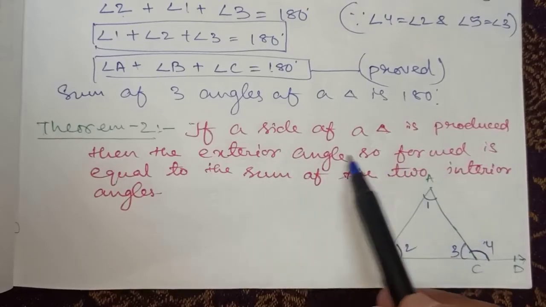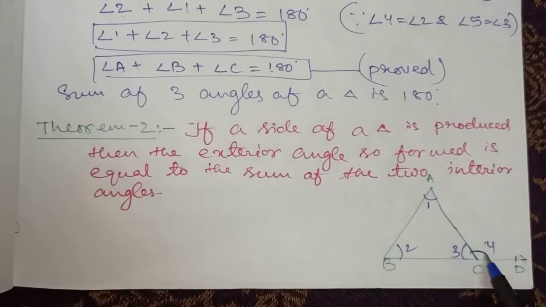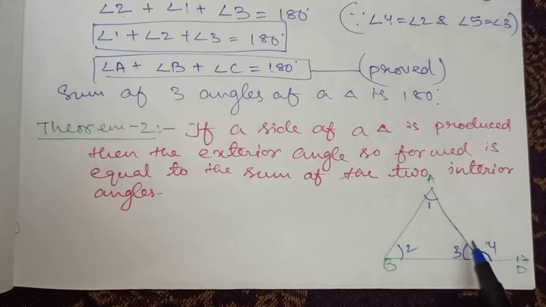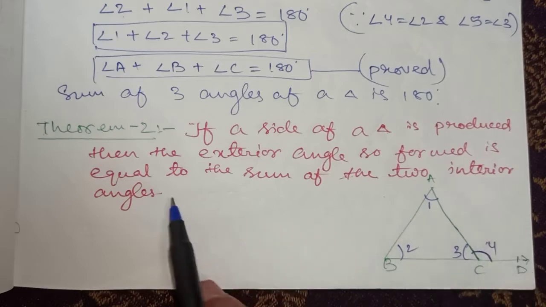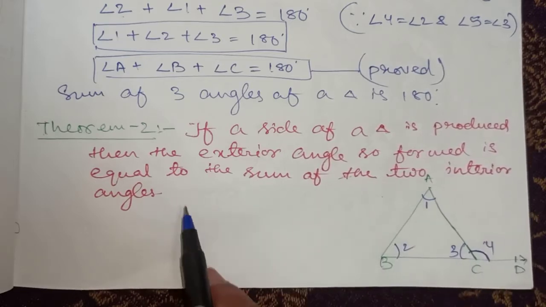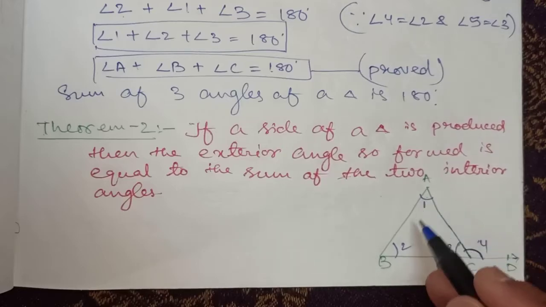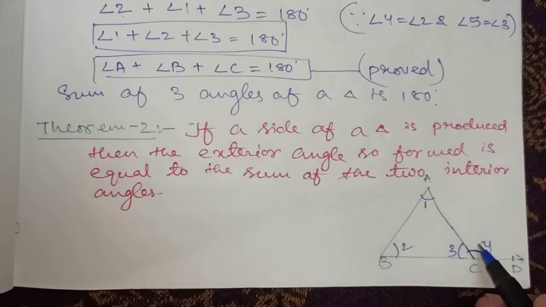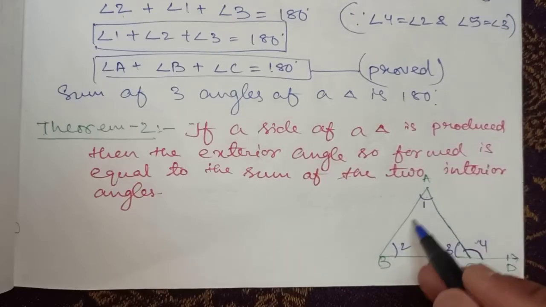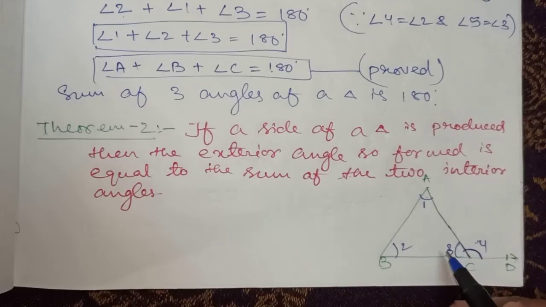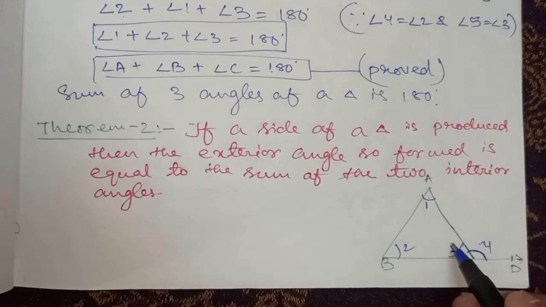The exterior angle so formed is outside the diagram; this angle is outside, it is open. This exterior angle is equal to the sum of two opposite interior angles. It should always equal the sum of the two opposite interior angles, not this one. It will not include angle 3.